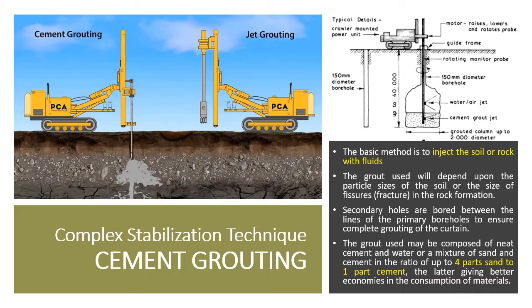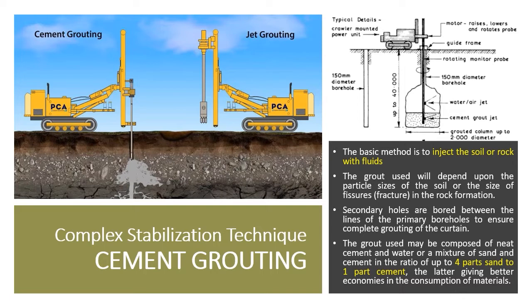The basic method is to inject the soil or rock with fluids. Secondary holes are bored between the lines of primary boreholes to ensure complete grouting of the curtain. The grout used may comprise neat cement and water or a mixture of sand and cement in a ratio of up to 4 parts of sand to 1 part cement, which is the most economical ratio.